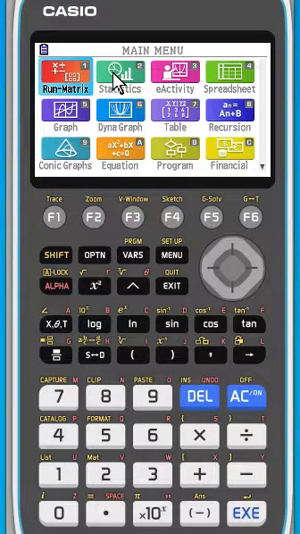Statistics, as the name suggests, any statistical test or statistics, you do it here. Spreadsheet is more like Microsoft Excel or Numbers, and you do statistical calculations there. Graph to plot functions, Dynamic Graph to help you analyze graphs in a very interesting way, etc. I'll explain all these one by one.